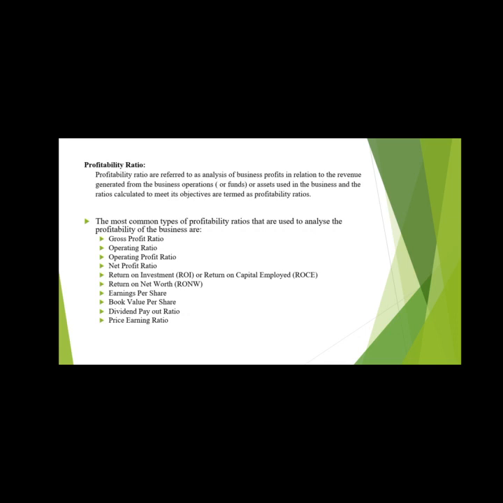Under the profitability ratios, there are some ratios, that is gross profit ratio, operating profit ratio, net profit ratio, return on investment or return on capital employed, return on net worth, earning per share, book value per share, dividend payout ratio, price earning ratio.